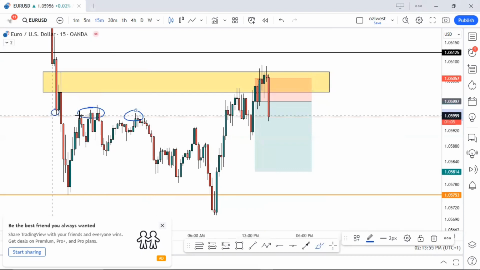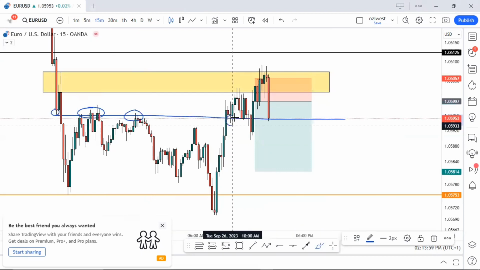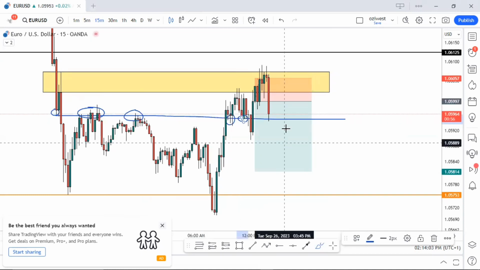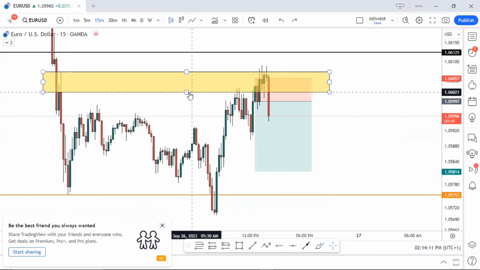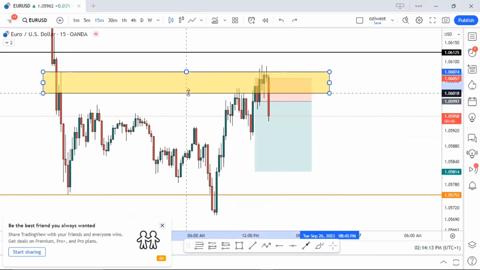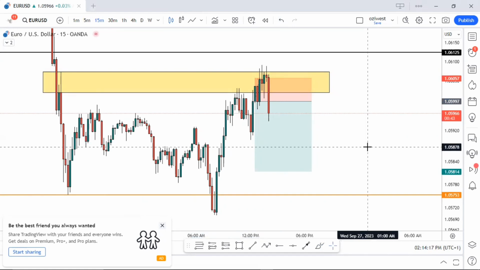As you can see, price was reacting to that level, but now price pushed all the way into this resistance level here, and rejected.